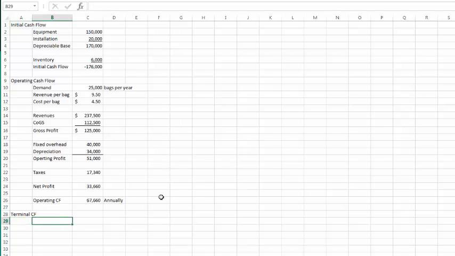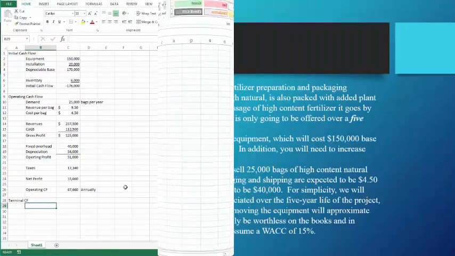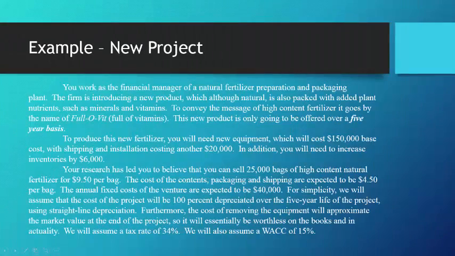And again, we're going to be looking at these all separately by going back and looking at the concept, applying it to the example, and seeing if we can figure out how much there is going to be there. We've covered most of this story problem already, so you're saying what more could we possibly pull out of there? Well, it says, furthermore, the cost of removing the equipment will approximate the salvage.